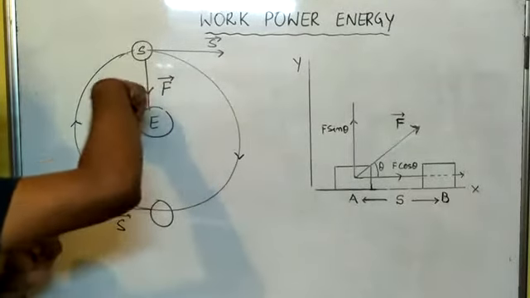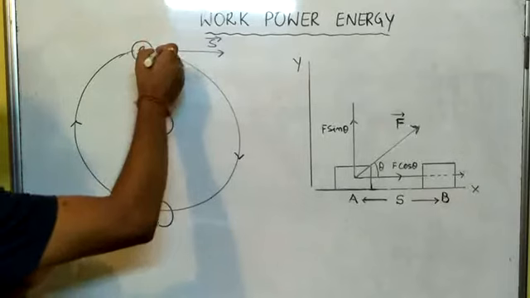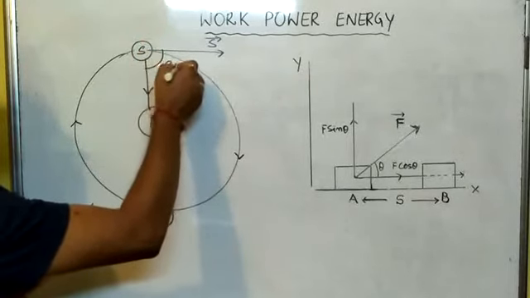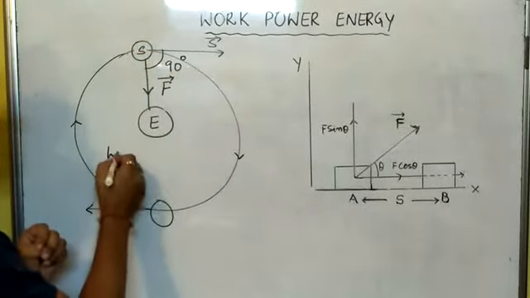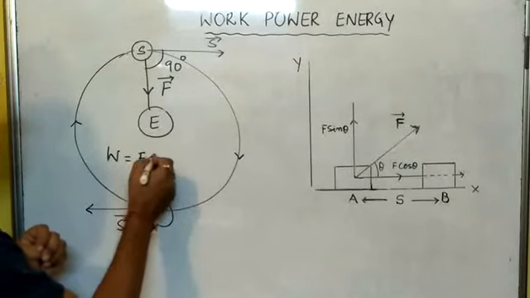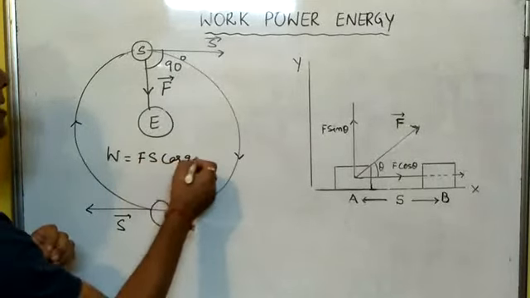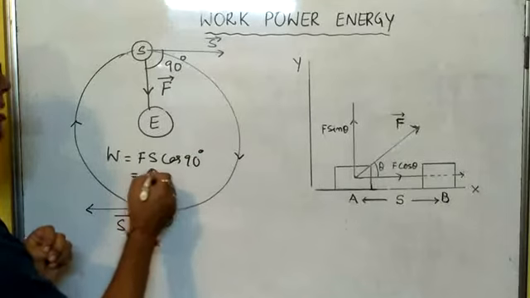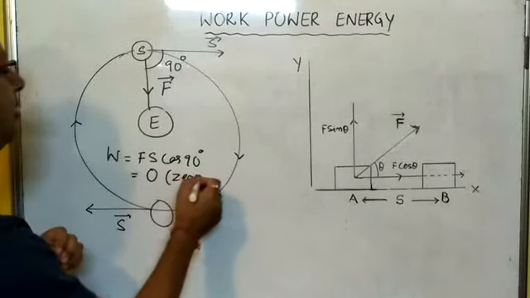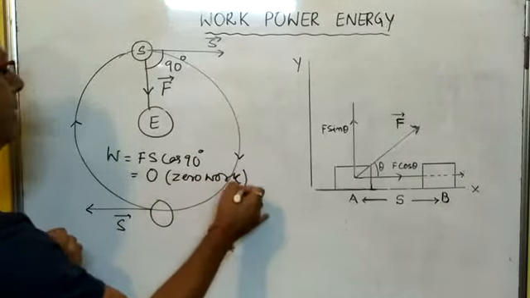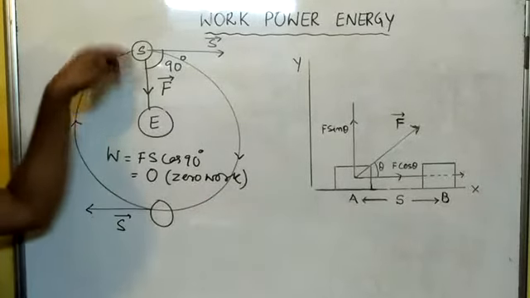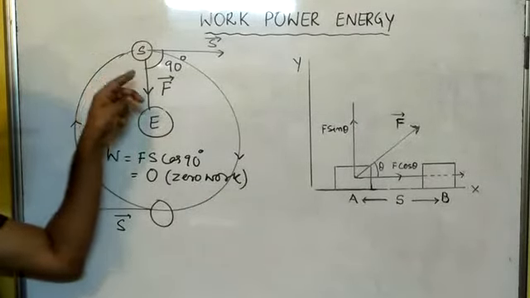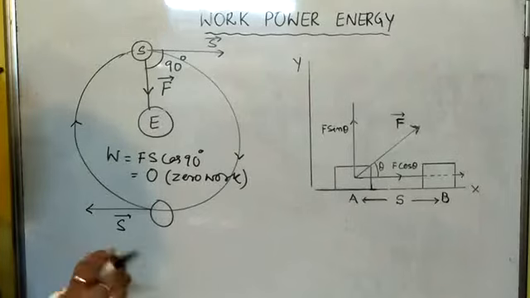This is the force, this is the displacement. The angle between them is 90 degrees, and work done is equal to Fs cos 90 degrees, which is 0. This F is usually known as centripetal force.